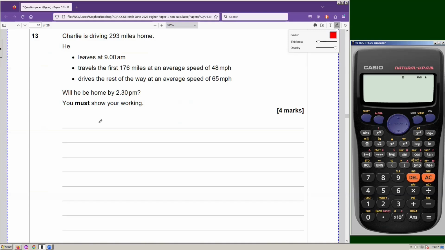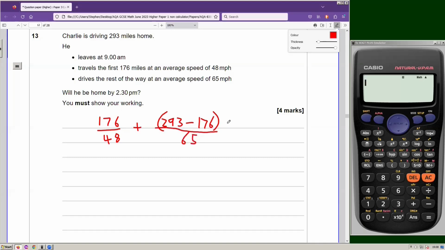So if he's going 176 miles and he's doing 48 miles per hour, we just divide it by 48. It's going to give us our hours. Plus the rest of the way is 293 minus the 176 divided by 65. That's going to give us our total traveling time.